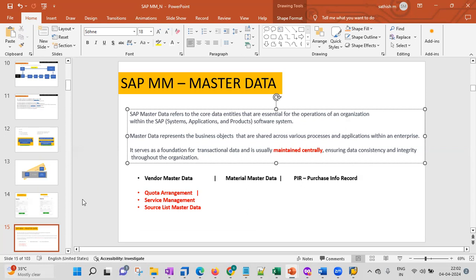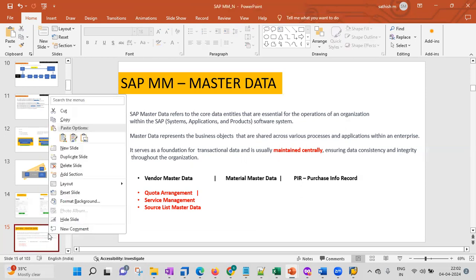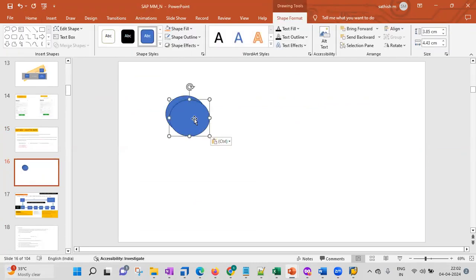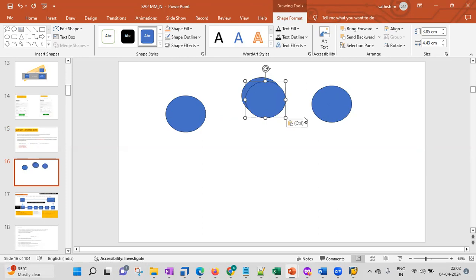Let me try to do some kind of diagram. For example, this is one module, this is another module, and think that these are the multiple modules.